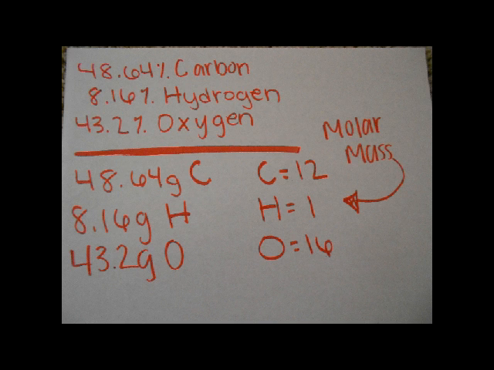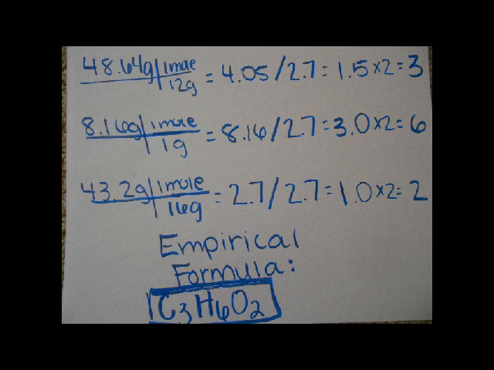Now I have 48.64% carbon, 8.16% hydrogen, and 43.2% oxygen, which gives me 100%. So that means I have 48.64 grams carbon, 8.16 grams hydrogen, and 43.2 grams oxygen. The molar mass of carbon is 12, hydrogen is 1, and oxygen is 16.